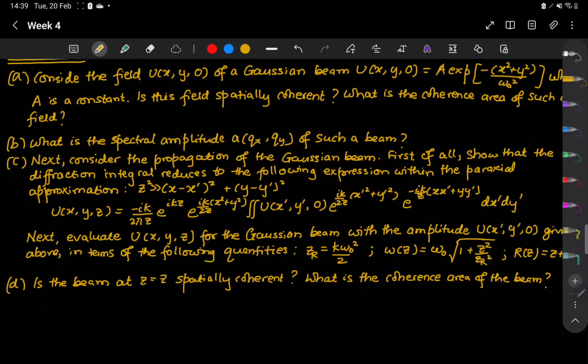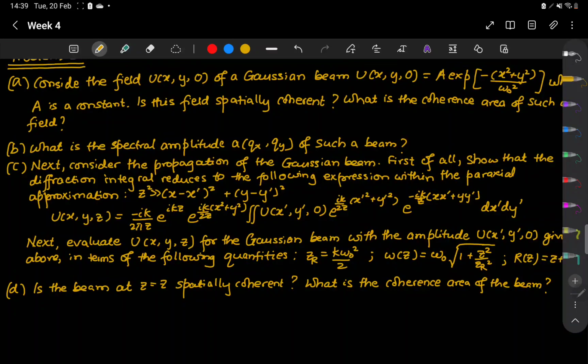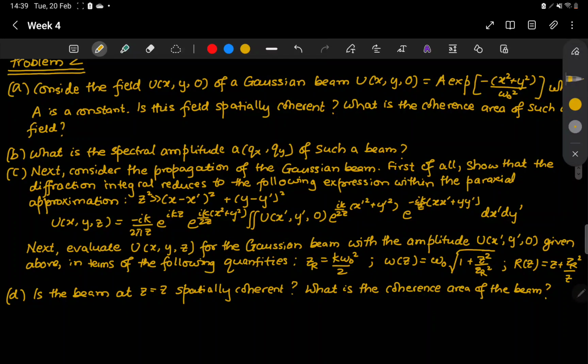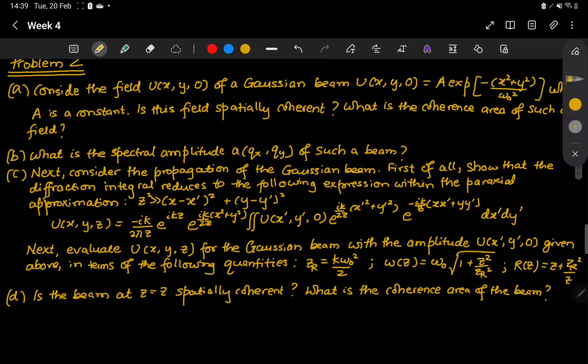Then we have to evaluate this field at z for a Gaussian beam with the amplitude, and reduce the expression by making use of the following quantities, which is the Rayleigh range zr, the beam waist omega naught, and the radius of curvature capital R. Then part D, is the beam at z spatially coherent, and what is the coherence area of the beam?